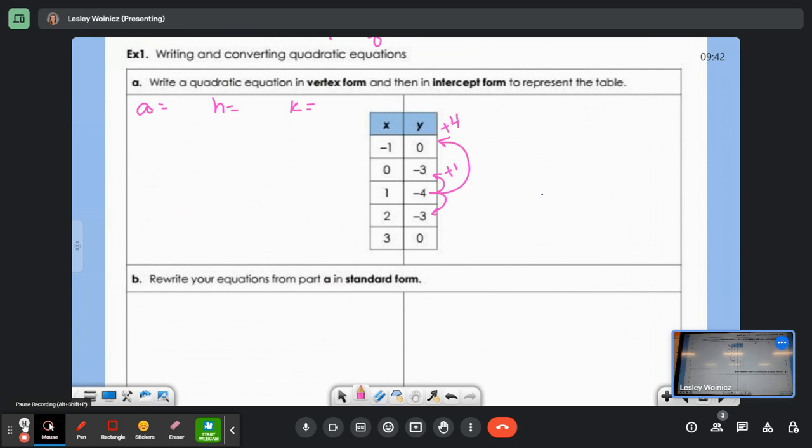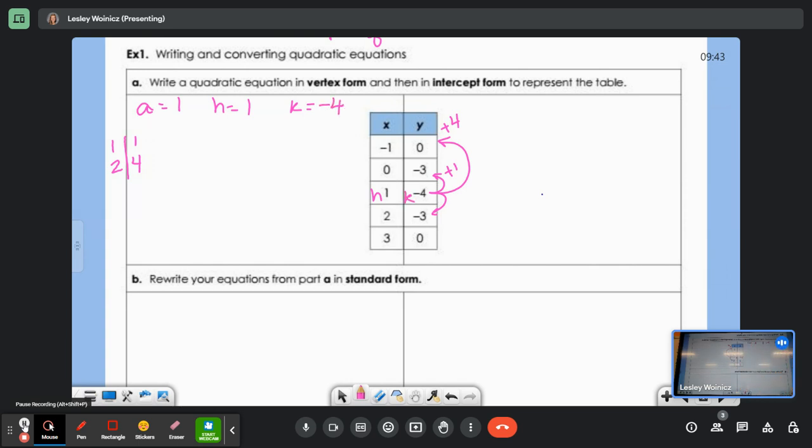So that pattern is going 1, 1, 2, 4. What must my A value be? 1. Correct. My A is 1. What is my H? Also 1. It's right here. And my K is -4.